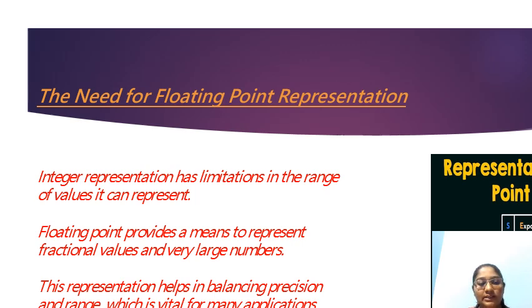The other reasons are scientific computation, efficiency, and standardization. Floating point provides a means to represent fractional values and very large numbers. This representation helps in balancing precision and range, which is vital for many applications.